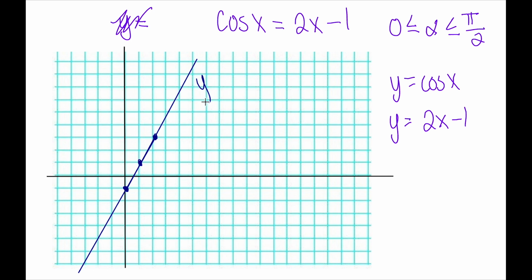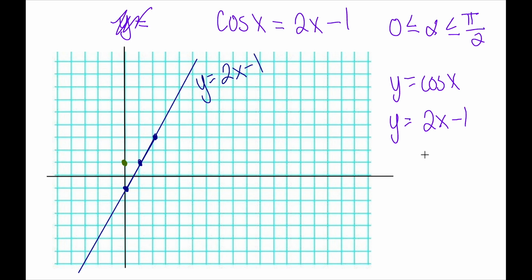So here's my equation for y equals 2x minus 1. Cosine x, right? Cosine x starts, if I have cosine of 0, that's going to be a 1.